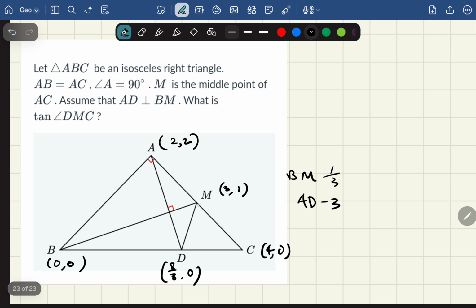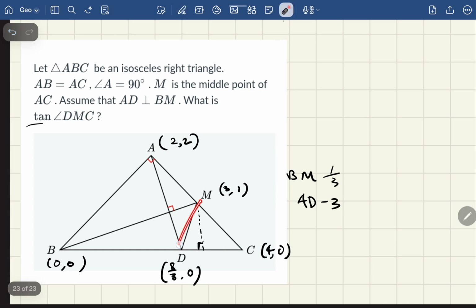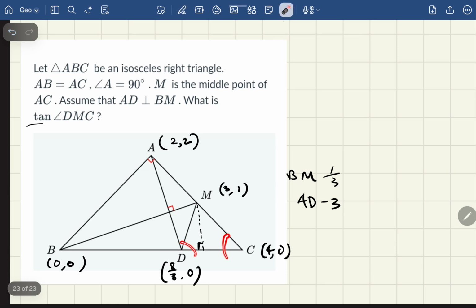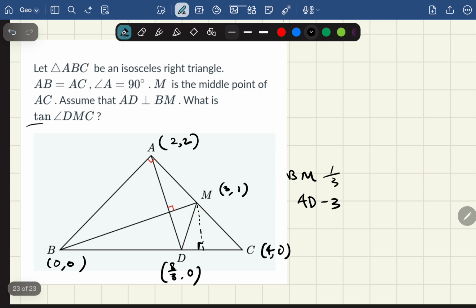And then if we drop down this height, because, well, we want to use tangent, right? So we have to try to relate tangent to the other angles. And we can also use the fact that the sum of these angles is 180. Right? So the thing is, if we know the tangents of these angles, then we can find this.